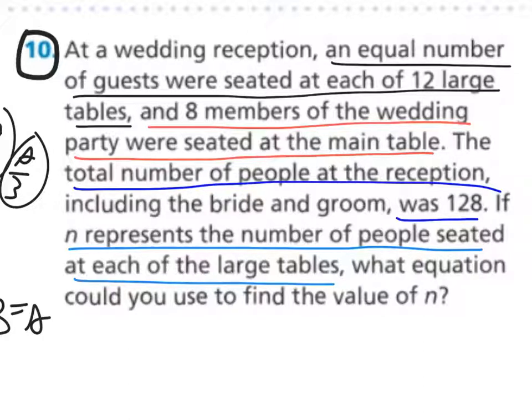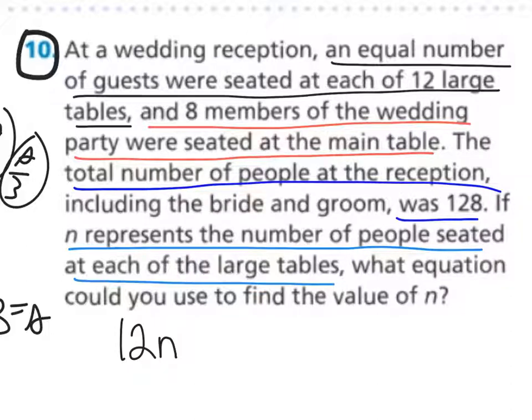Just a clarification on this problem is that the main table is separate from the other 12 tables. So we have a main table and then we have 12 other tables that people are being seated at. So 12 tables, each of those tables has n people.